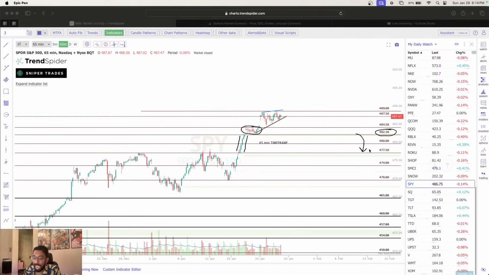So don't be in a hassle to say, oh, the market is dropping from 484, 485 to 482, I'll go play puts now at 482. Don't be that person. Wait for that dead cat bounce, then you play puts when 482 breaks, because you have a much bigger 5 point move on SPY when 482.50 breaks. So that is the level that you want to look for.